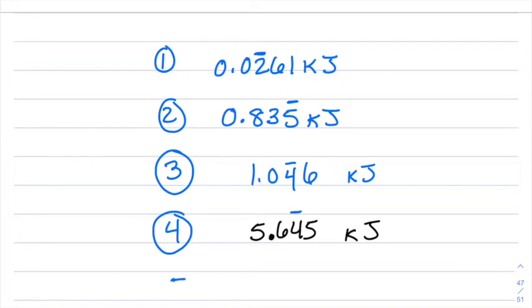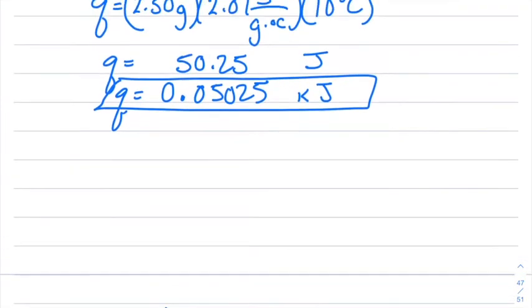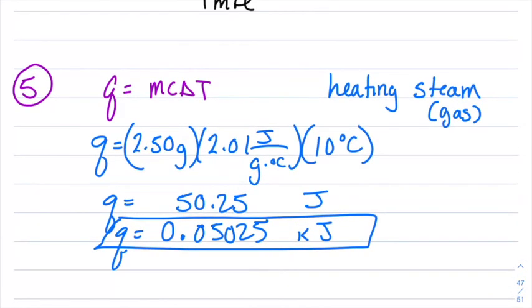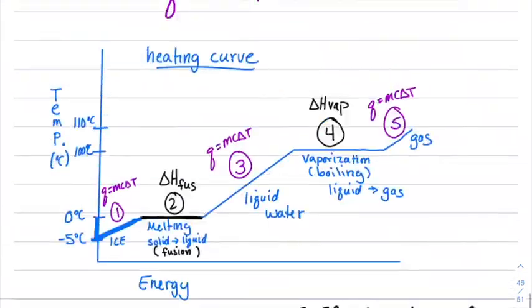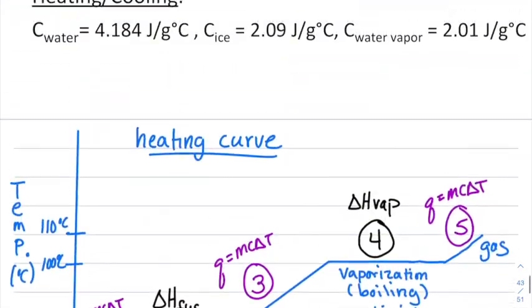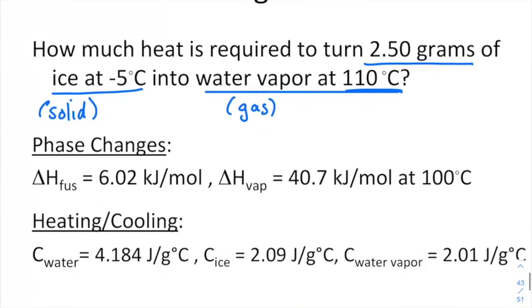And finally, we're going to get to number 5. And number 5, that 10 degrees, it was from an exact 100, and then it went to 110 degrees Celsius. It's tough to tell. This is an ambiguous number.